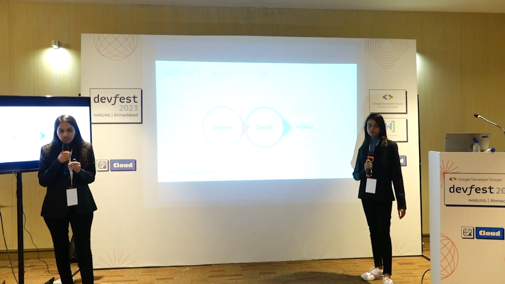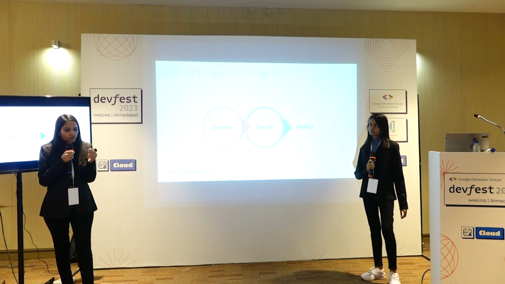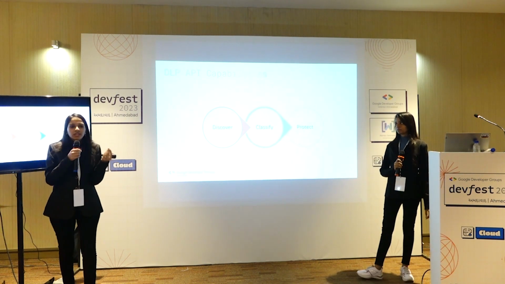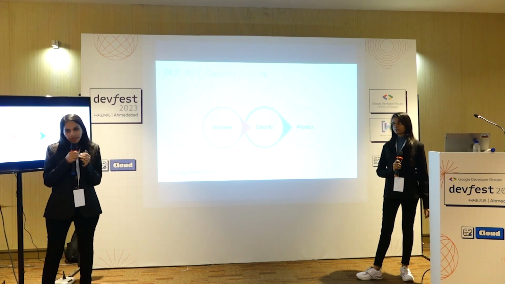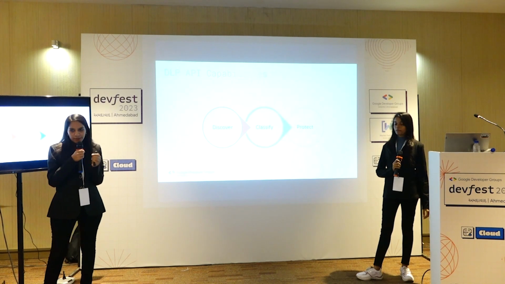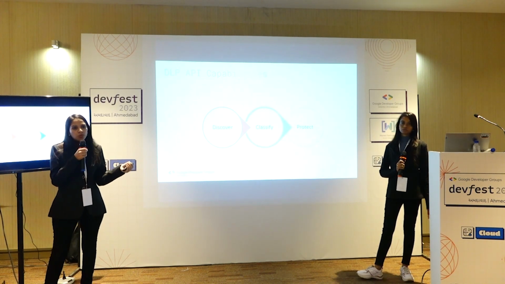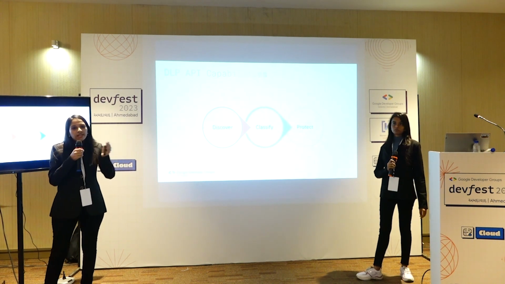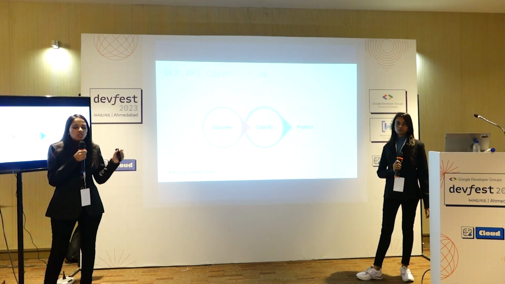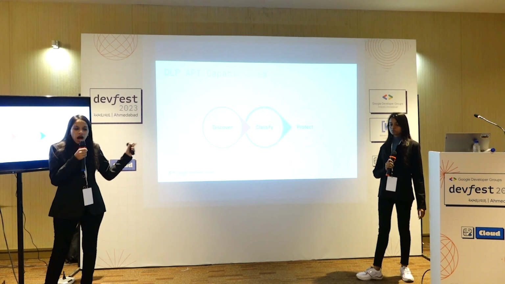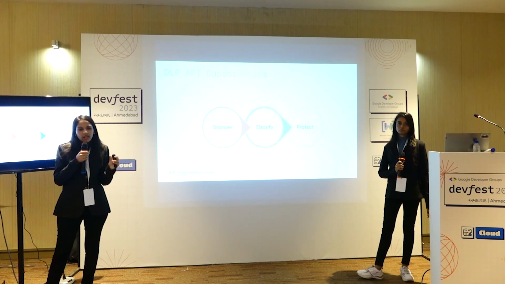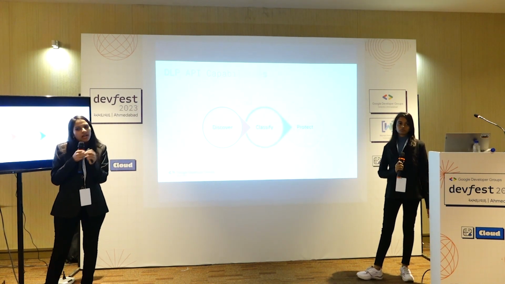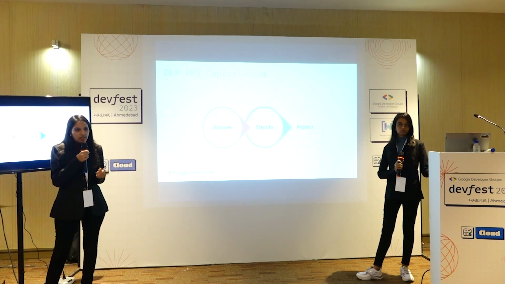For the protection purpose, we have to deal with the DLP API. This DLP API capability will help you to protect your data using various techniques that are inbuilt in the DLP API. So here we understood how we can discover our data, how we can classify it, and how we can further process and protect it.